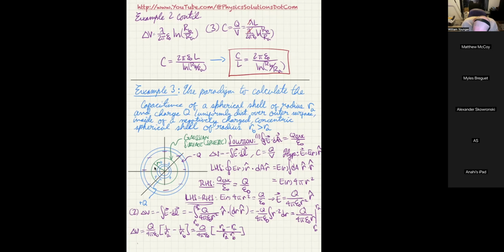So that's our change in voltage, and therefore we now can compute our capacitance. And remember, the capacitance is Q over V, so that's going to be Q over 4 pi epsilon naught.